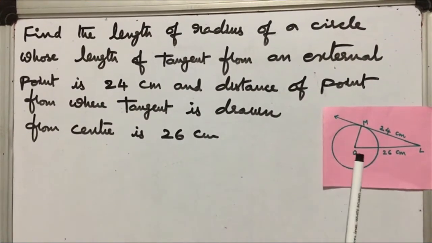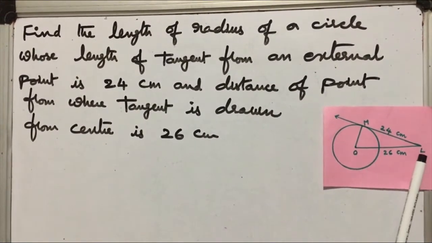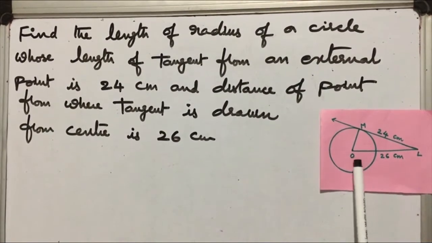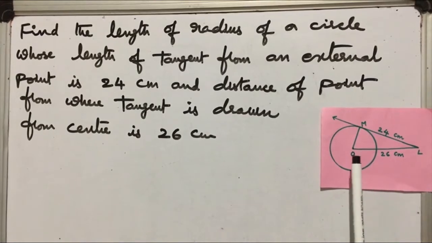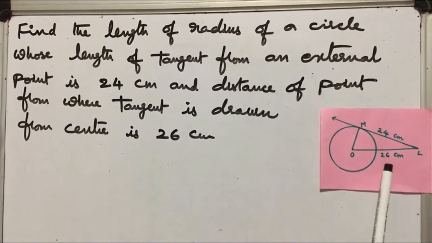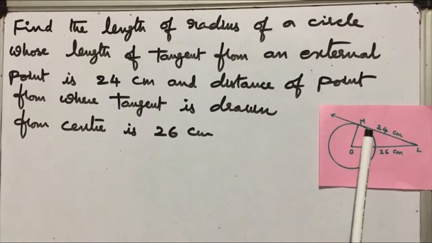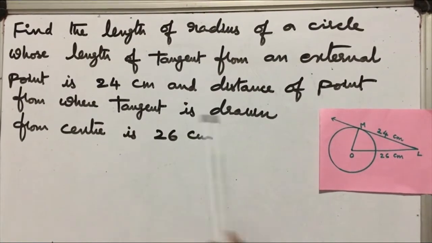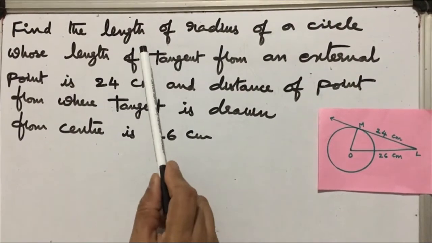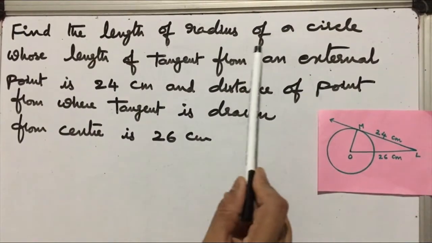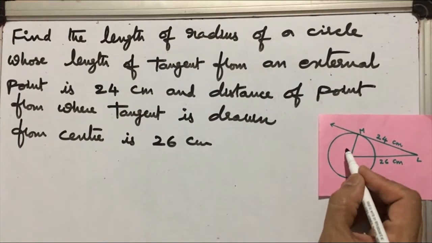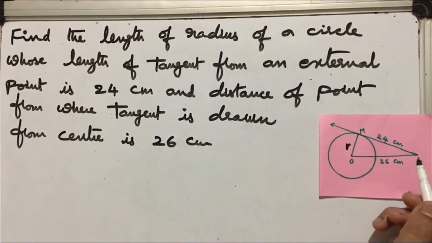There is a circle with center O, L is the external point, LM is the tangent and OL is the distance between the center of the circle and the external point. According to the problem this is 26 centimeters and the length of the tangent is 24 centimeters. What do they ask us to find out? They are asking to find the length of the radius of the circle. It means we have to find the radius OM.